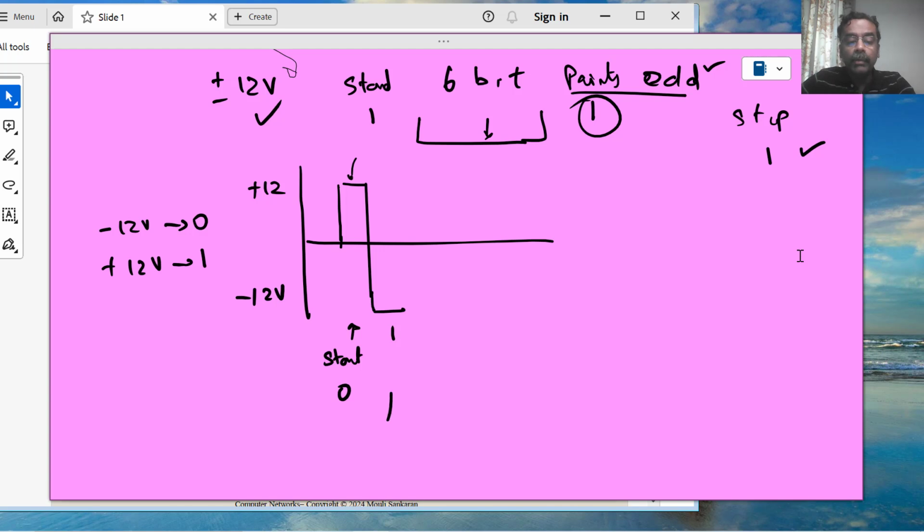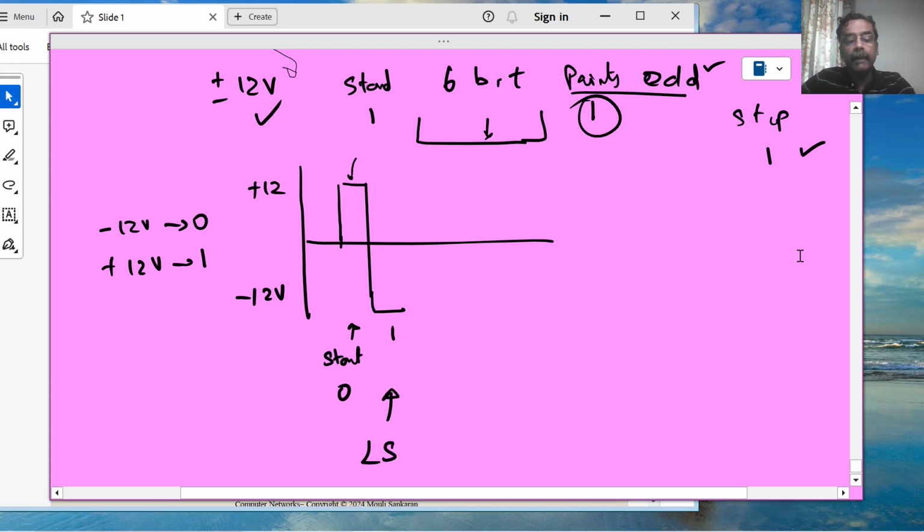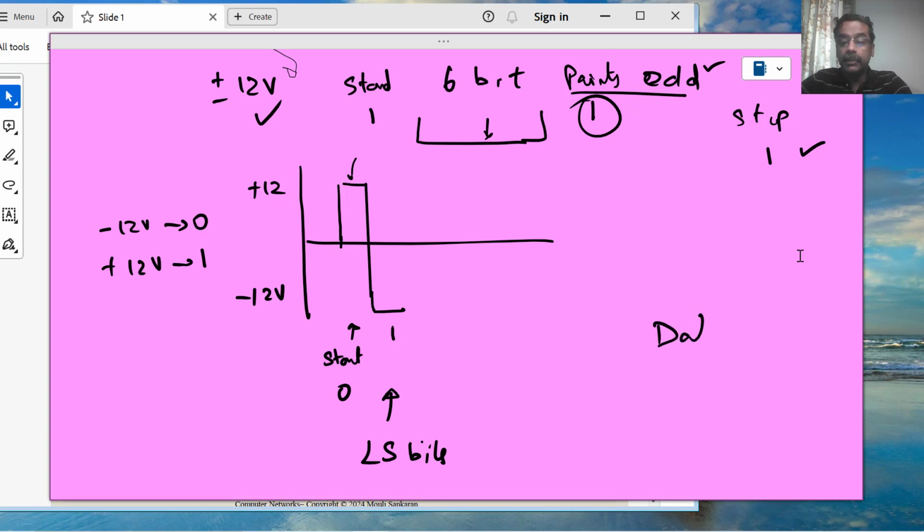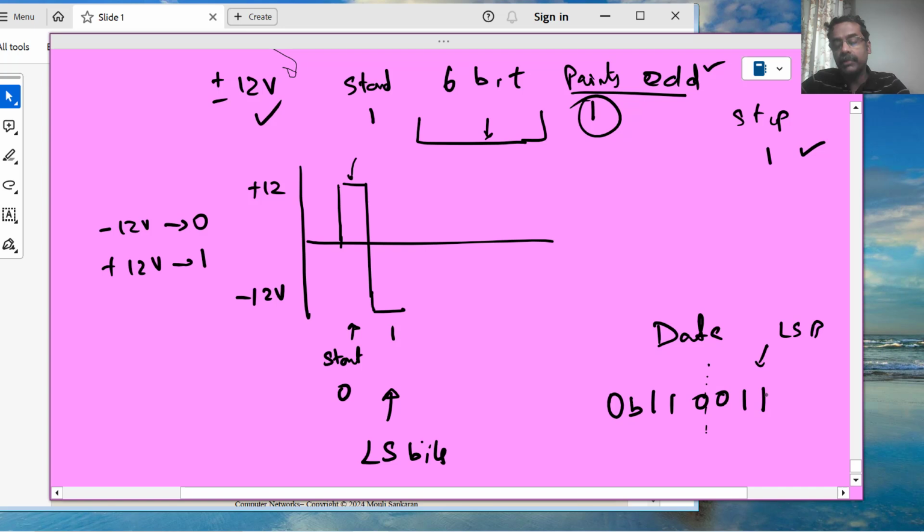Now one more thing you have to remember: always the LS bit comes first. Suppose I have 6-bit data, I will write 0b in binary format, C convention. Let me start with the LS bit as 1, so let me have 0 0 0 1 1. This is the data I'm sending. Now this is a mirror image, so even if you by mistake do it the other way, it will look the same.